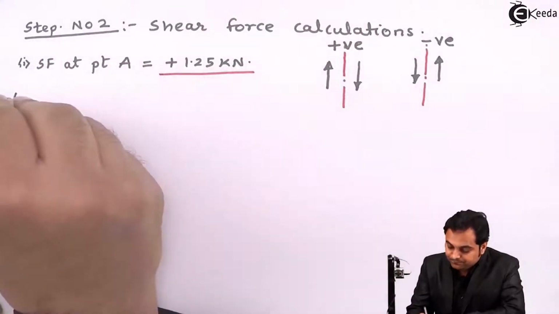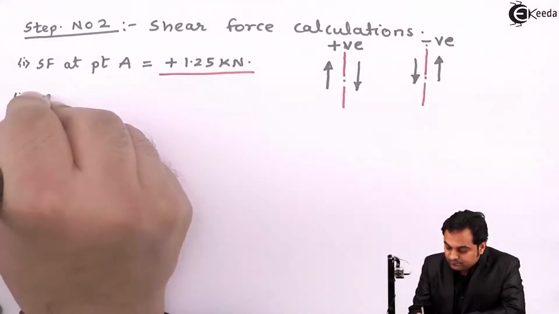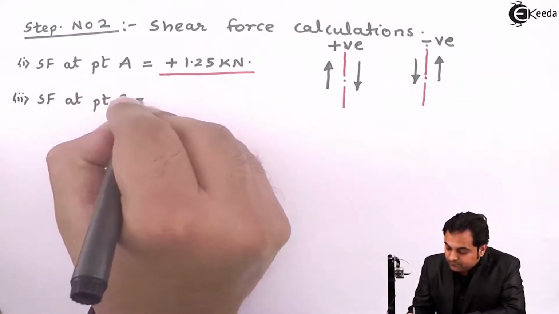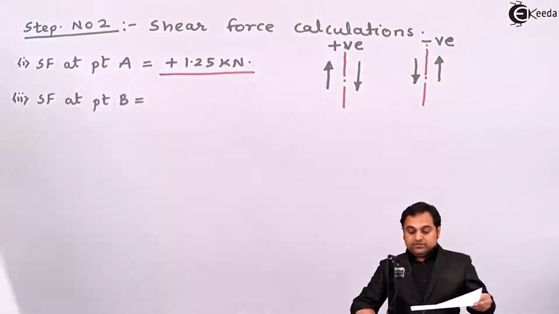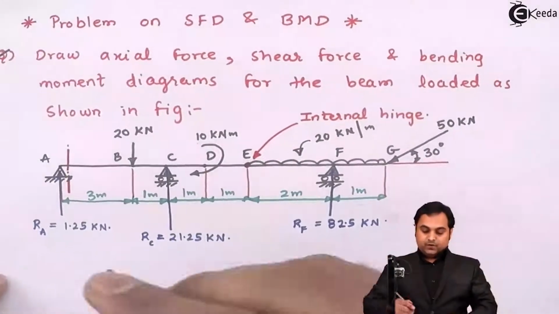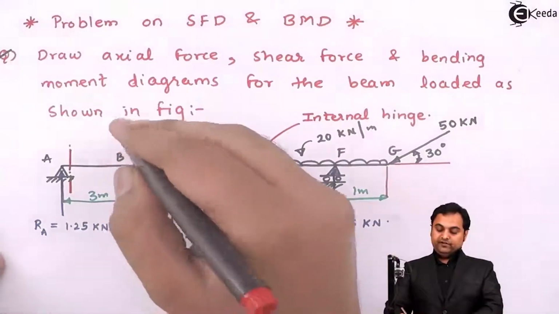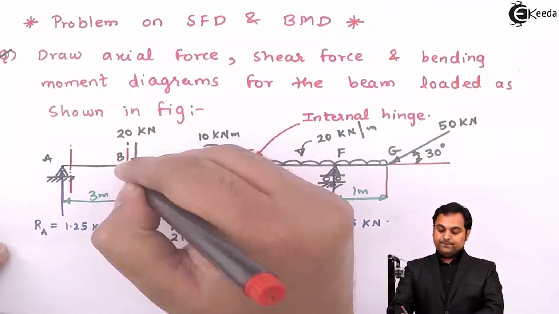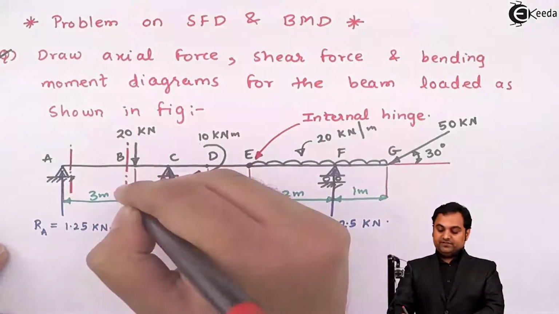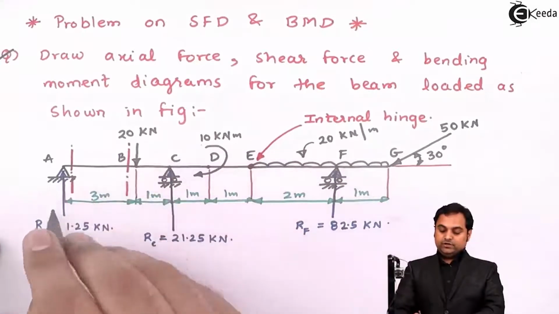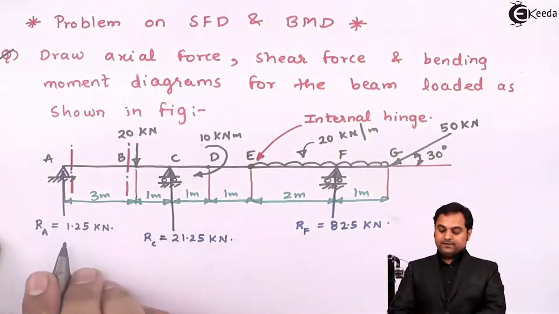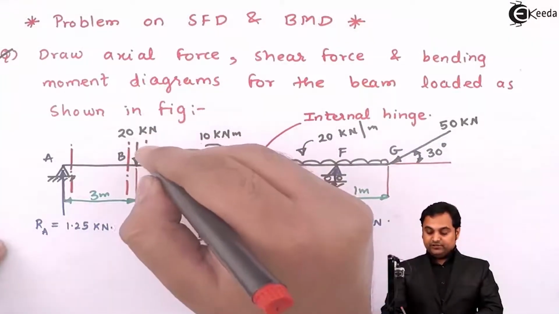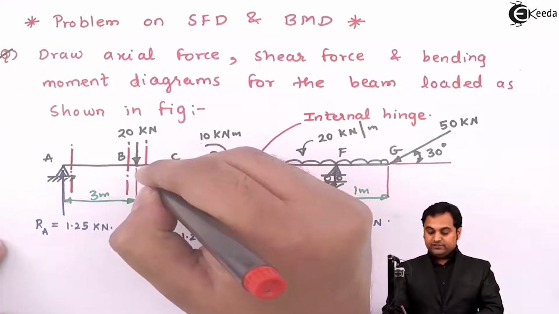Then SF at point B. Now this value of shear force which is at A, 1.25, will remain constant up to the left of B. That is, if I take the section to the left of B, then also I have only a single force on the left hand side, that is 1.25 positive value. But if I take the section to the right of B, then the shear force value will change.